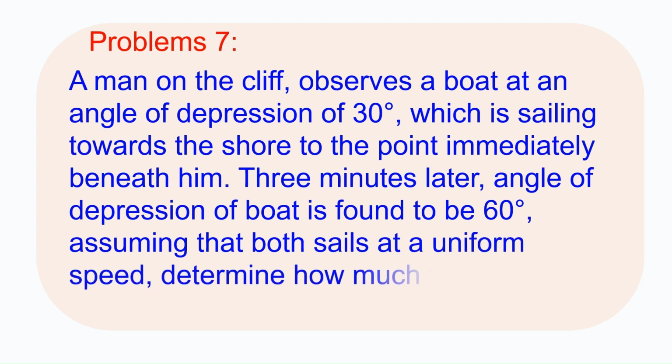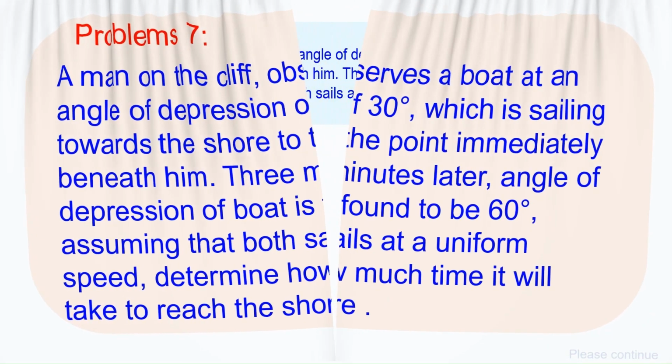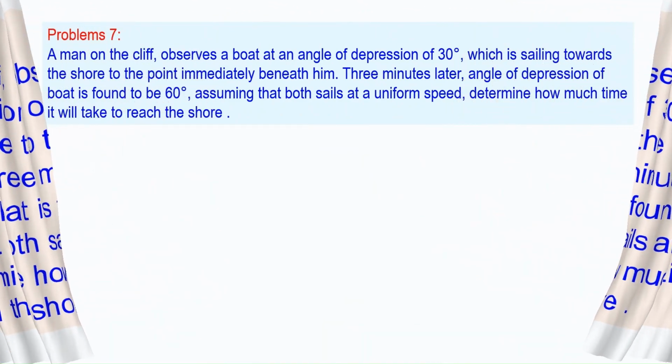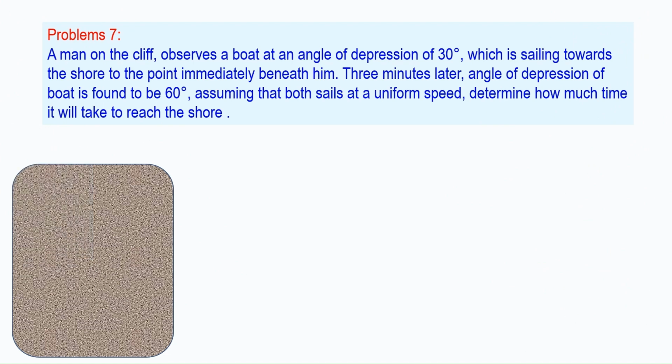Assuming that the boat sails at a uniform speed, determine how much time it will take to reach the shore. Imagine the scenario on the ground, and then convert this picture into simple geometry.